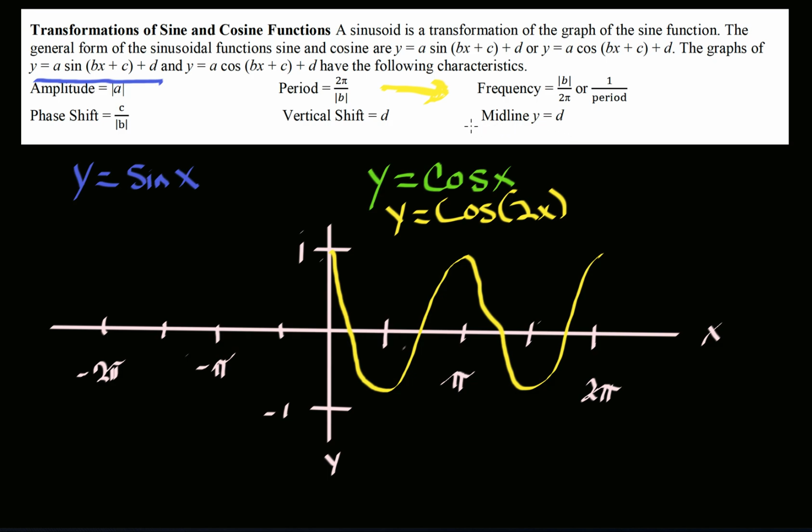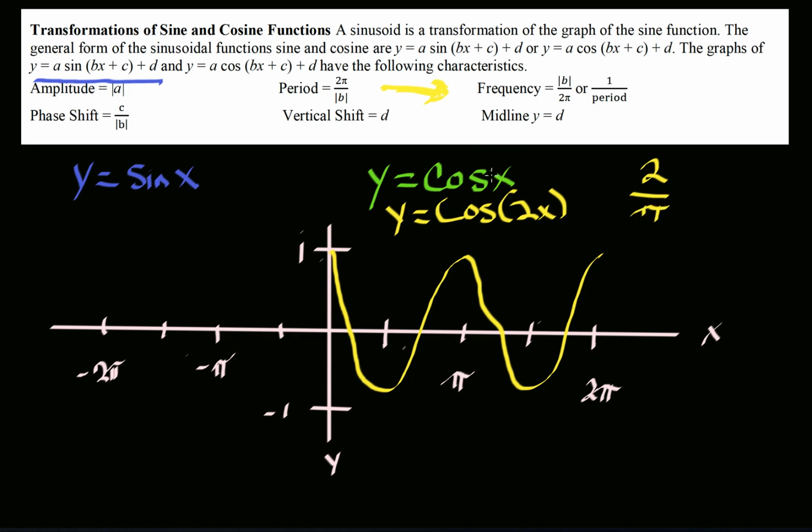So when we talk about the frequency of a wave, we would take our 2x, right? And we'd say that it would be 2 over the period. Well, we found the period earlier to be pi, right?